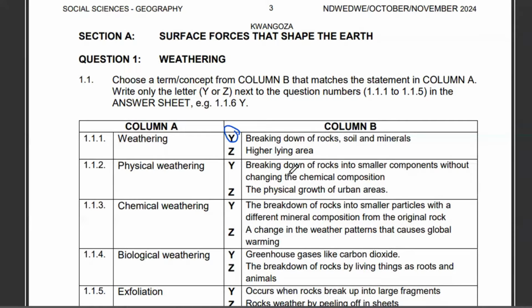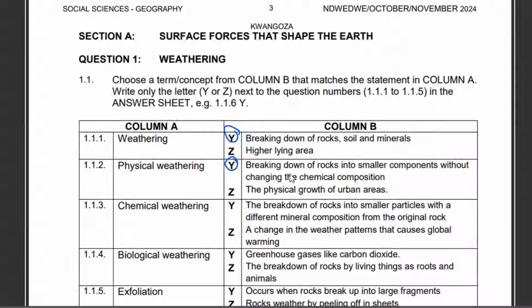Breaking down of rocks into smaller components without changing the chemical composition, that is Y. And Z, the physical growth of urban areas. So the answer that describes what physical weathering is, is Y, which is the breaking down of rocks into smaller components without changing the chemical composition.